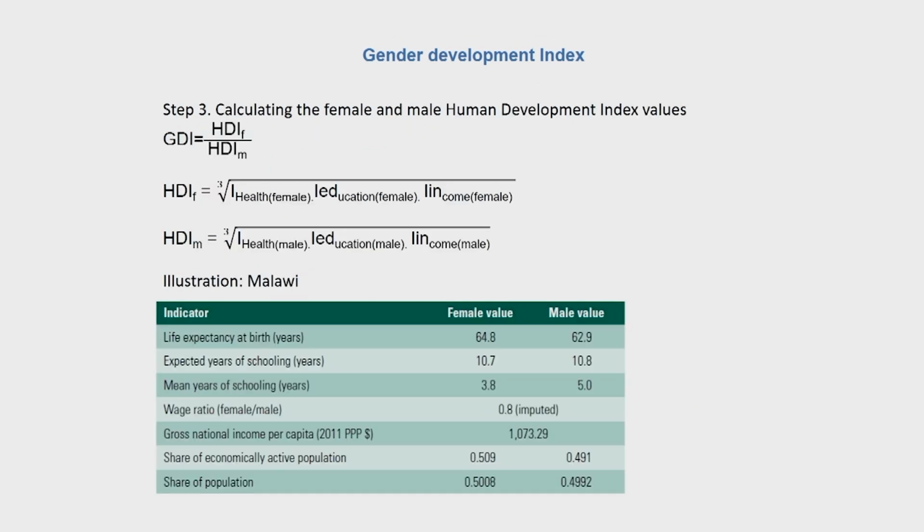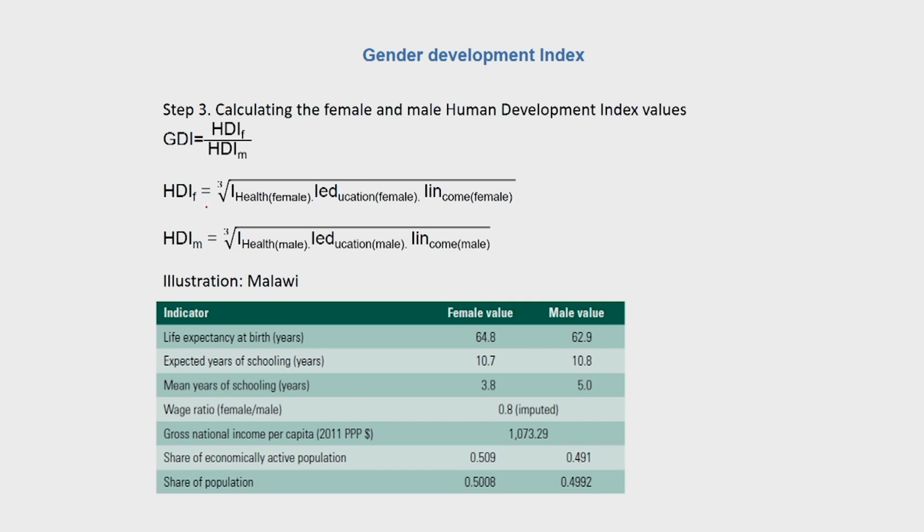Okay, so the GDI in the final step is calculated, which is HDI for females upon HDI for males, and the calculation for HDI females and males is nothing but the geometric mean calculation. This is the dimension index health, I health, dimension index education, I ED, and then I income for females.